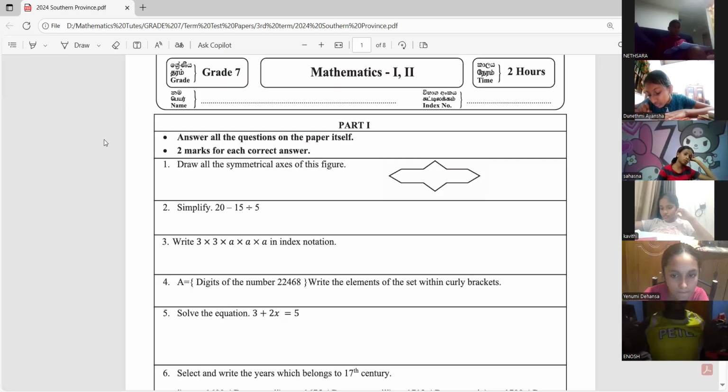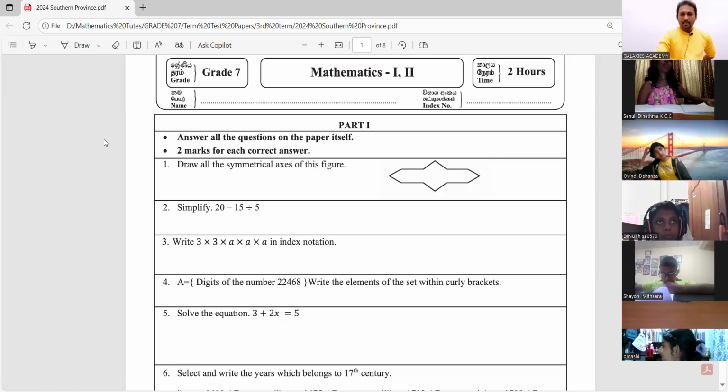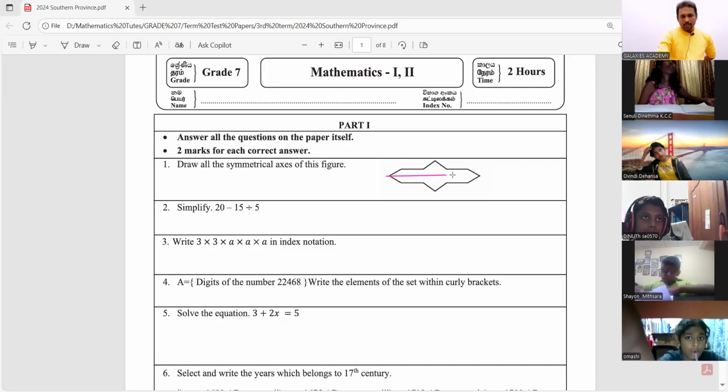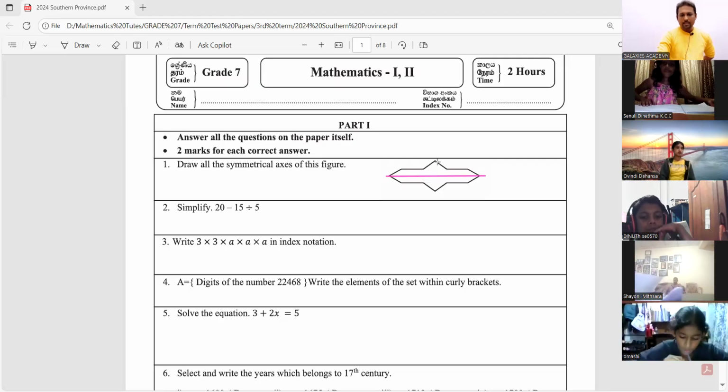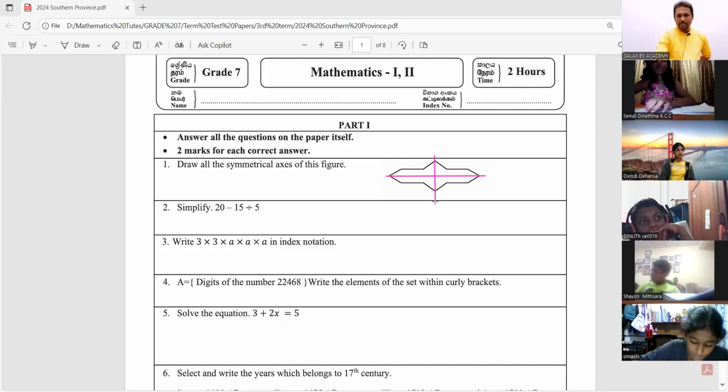So you can write the first answer like this. I will draw the straight line, but you have to use dotted lines, right? This is one axis of symmetry. And you can see another axis of symmetry here. Only 2 symmetrical axes can be identified in this diagram.